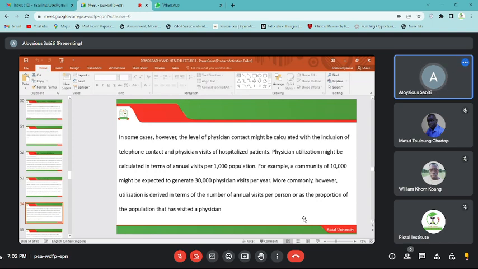For example, if there is a community of 10,000, we would expect to generate 30,000 physician visits per year, meaning that an individual could visit a physician three times a year.